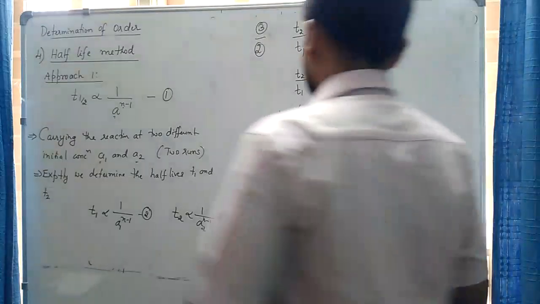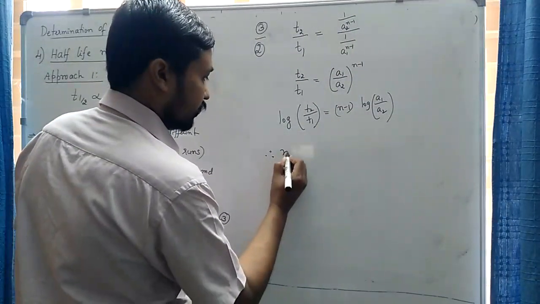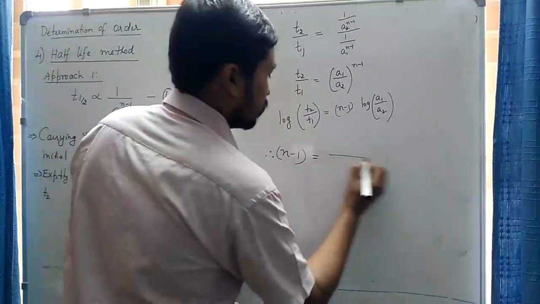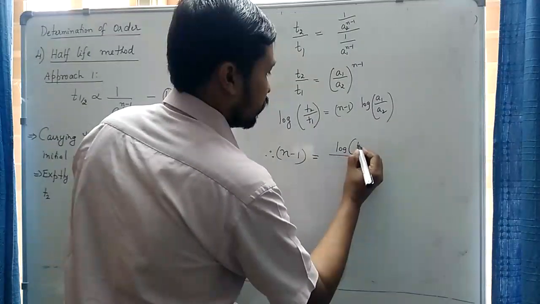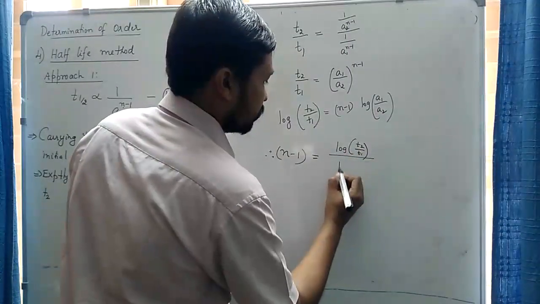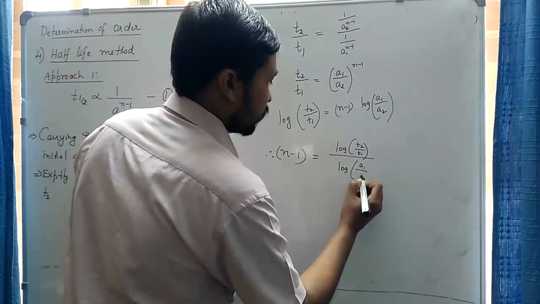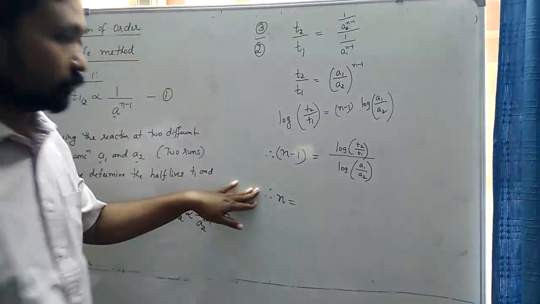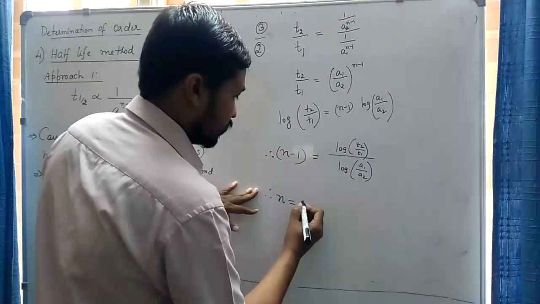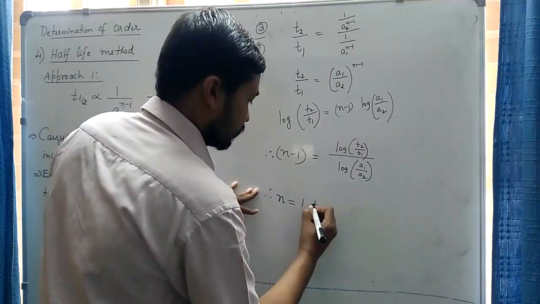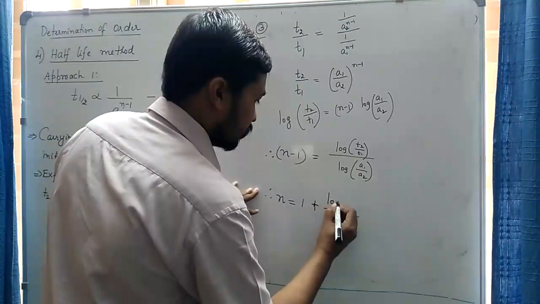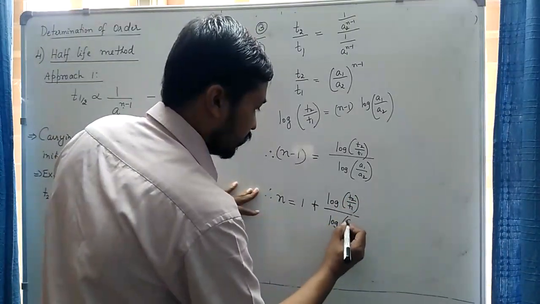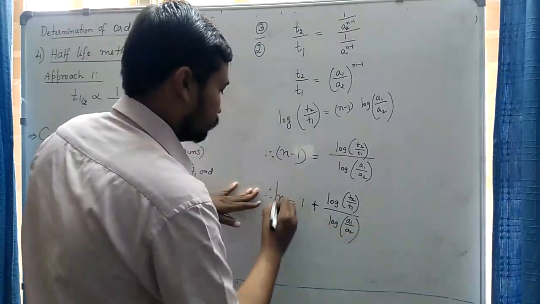Since we are interested in finding out the value of n minus 1, we can write n minus 1 is therefore log of T2 divided by T1 divided by log of A1 divided by A2, which gives n is equal to, if I shift minus 1, 1 plus log of T2 divided by T1 divided by log of A1 divided by A2.